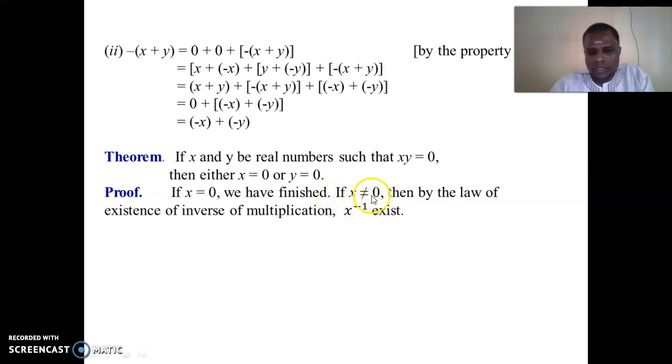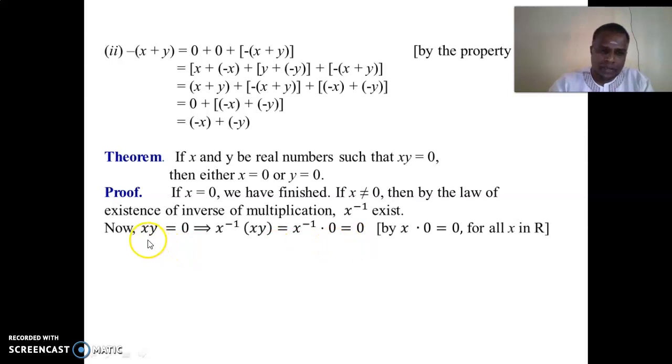If x is not equal to 0, for any non-zero element in the field, an inverse exists. By the law of existence of inverse of multiplication, x inverse exists. Now we consider xy equals 0 from the theorem.